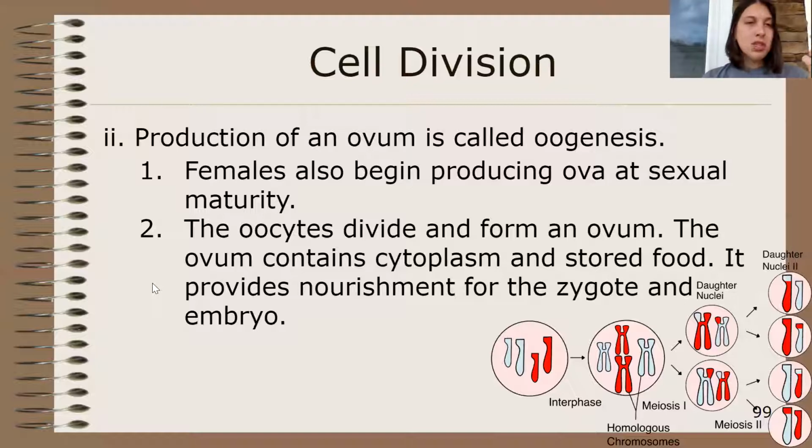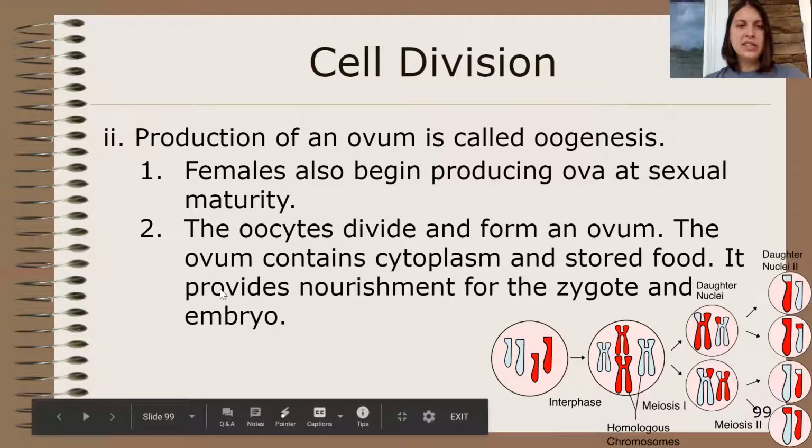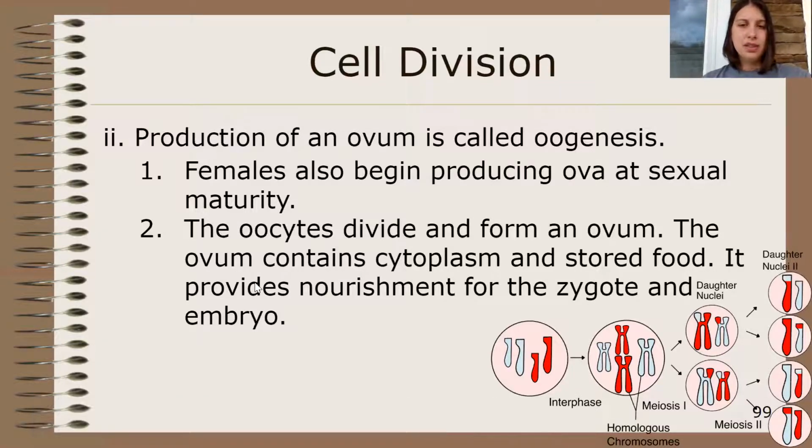Cytoplasm is like the goo, the jelly that holds the cell together. It keeps the nucleus here, the mitochondria there, the lysosome over here, it keeps everything in its place. So the ovum contains cytoplasm so that everything stays in place.